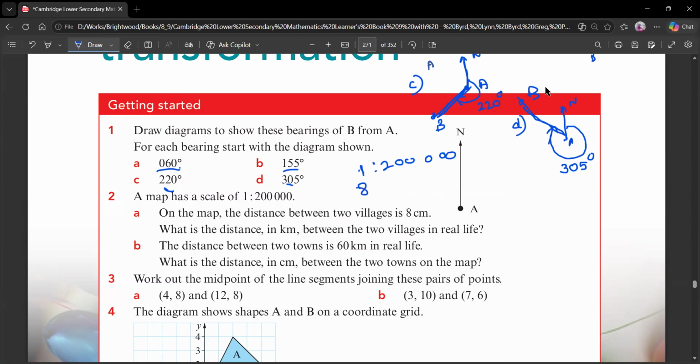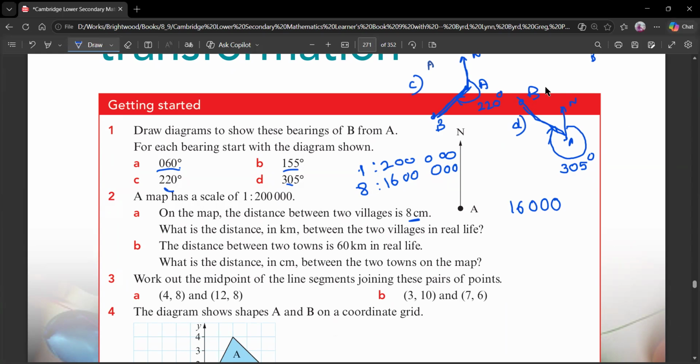If you consider 8, this value also should be multiplied by 8. So it's 16, and 1,600,000 centimeters, because the measurement is in centimeters. So the actual distance is 1,600,000 centimeters.